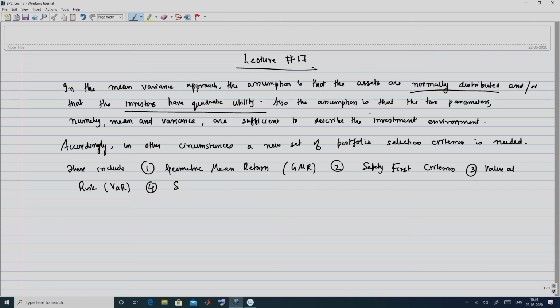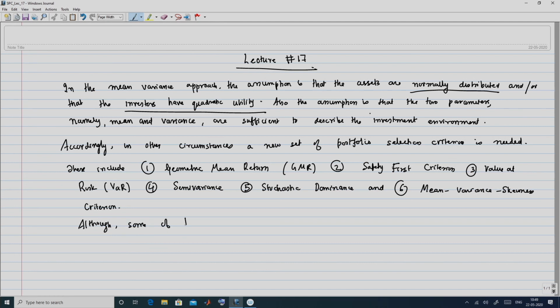Then we have something called the semi variance, stochastic dominance, and something which is known as the mean variance skewness criteria.